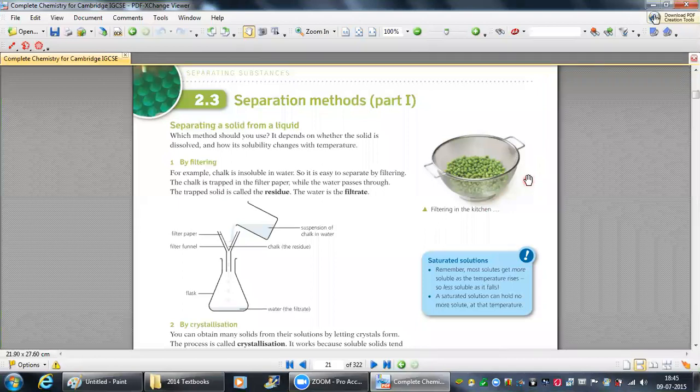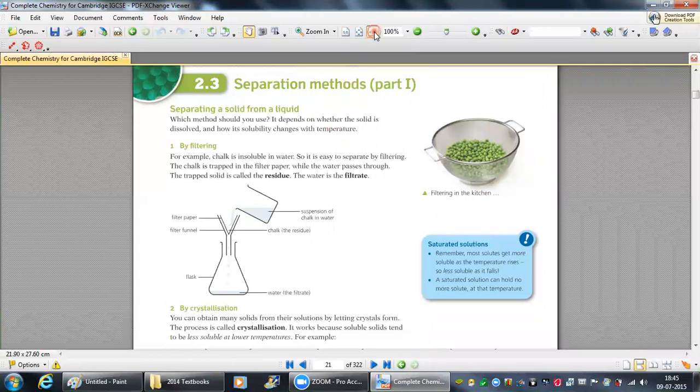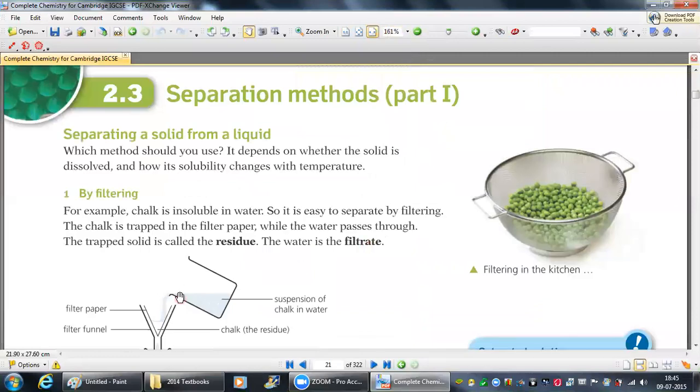Yeah, everyone got this page? Yes. Sir, 1 minute, my internet is unstable.